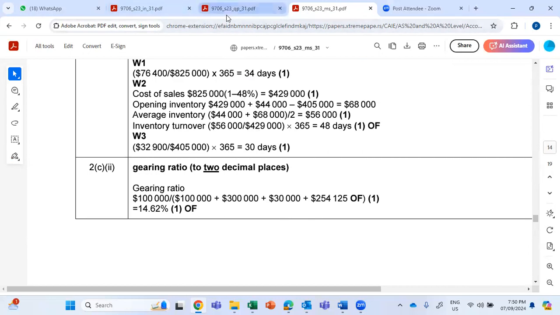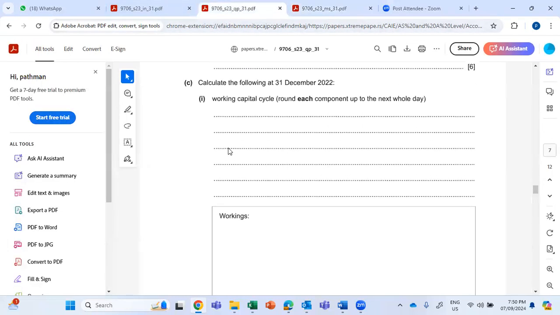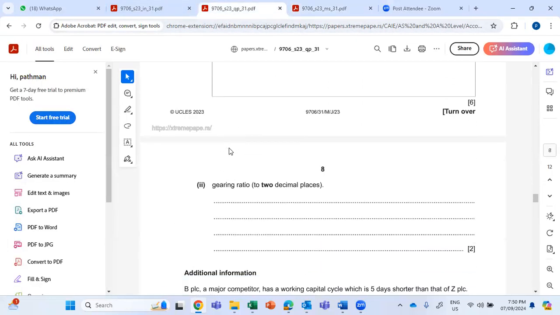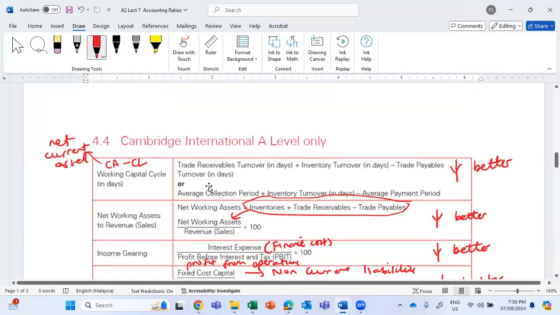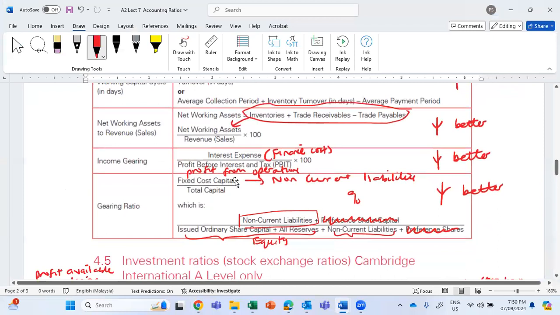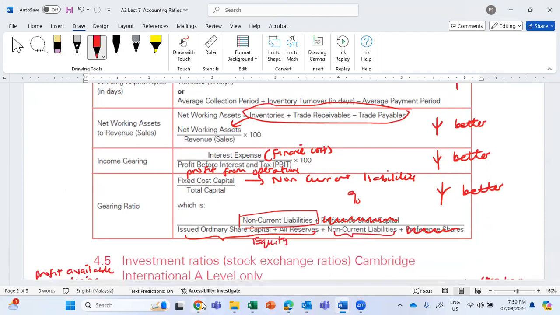Then the next ratio, gearing ratio. Give your answers to 2 decimal places. So fixed cost capital divided by total capital. Here's the formula: fixed cost, as in your non-current liability, divided by equity plus non-current liability.